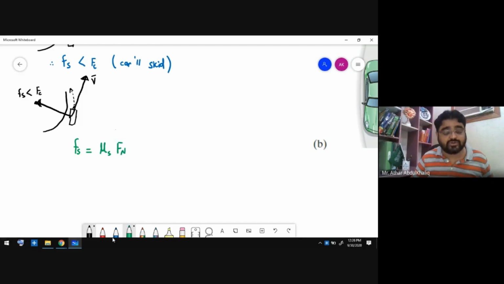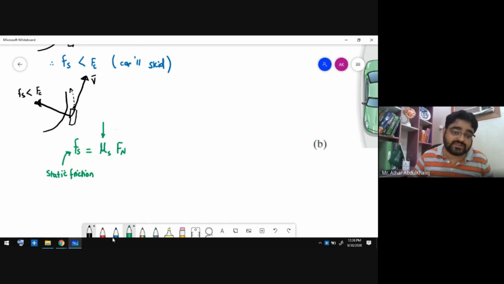There are two new terminologies here. Fs is used for static friction, as I told you earlier. This is static friction. Okay. The second terminology here is this one.